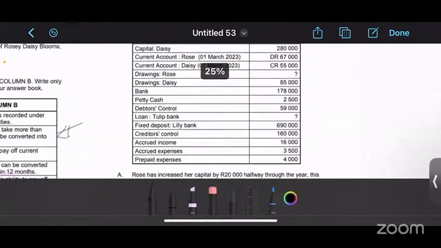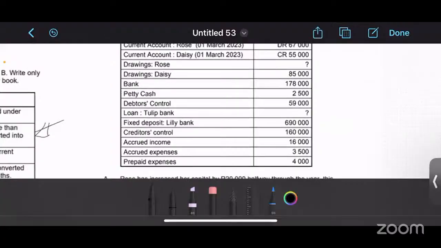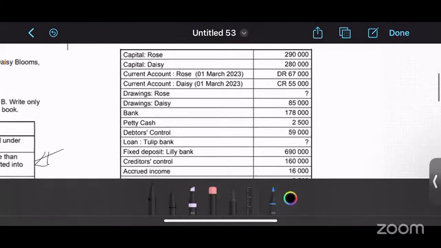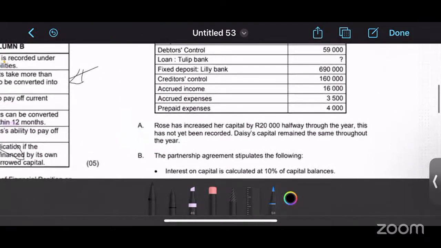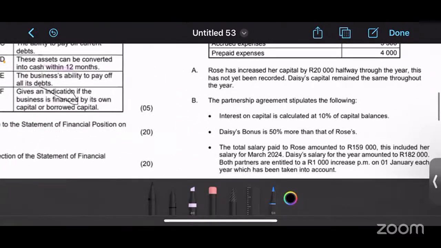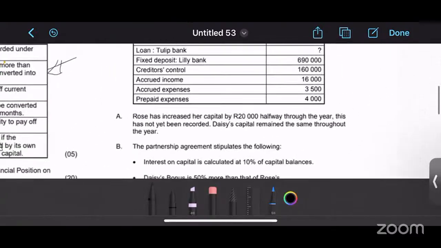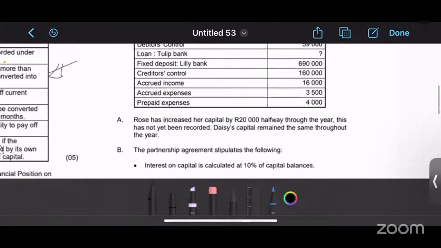We take the original capital multiplied by 15 for both. Where do you get the 15? It's the percentage, the 10%. What are you going to do with this information here?